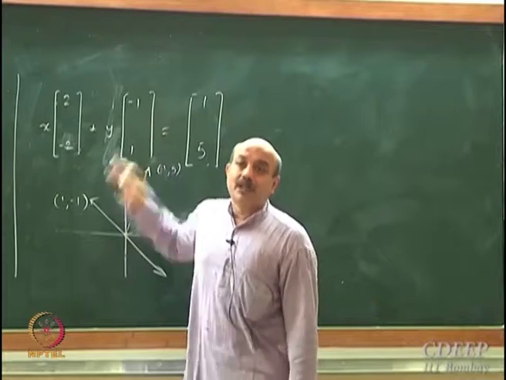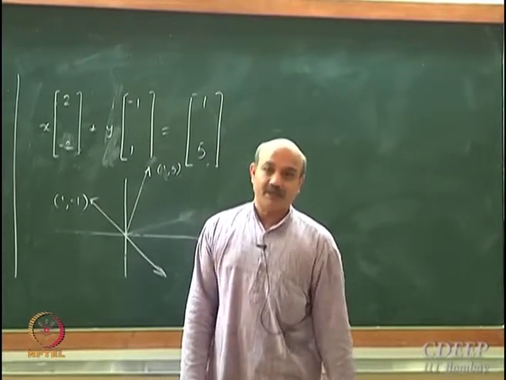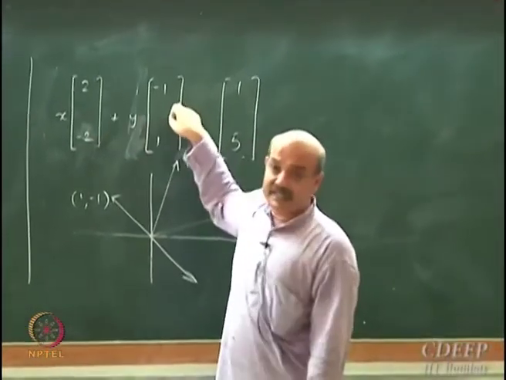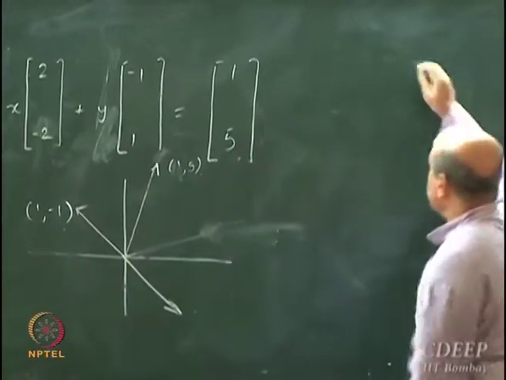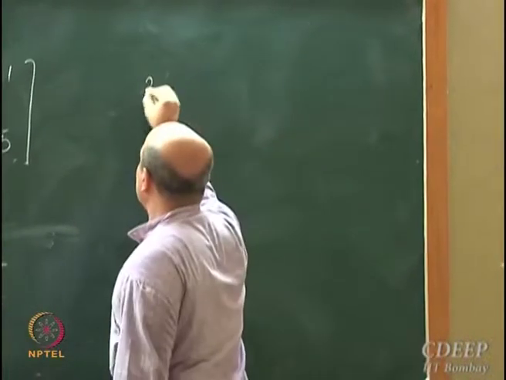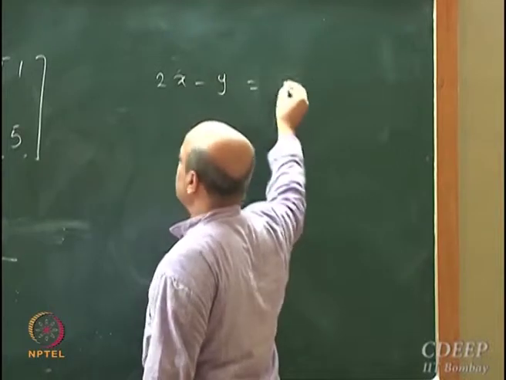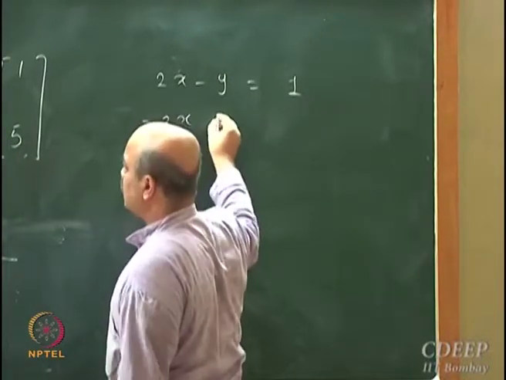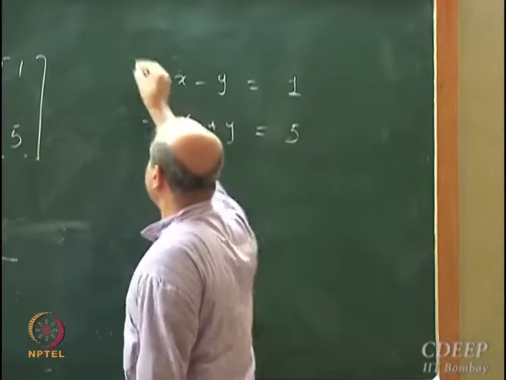Now when the column picture tells you that there is no solution, the same thing will happen for the row picture. If you take a row picture here for this changed case, you will see that there are no two different lines. There are parallel lines which will never meet. So 2x minus y is equal to 1 and minus 2x plus y is equal to 5.